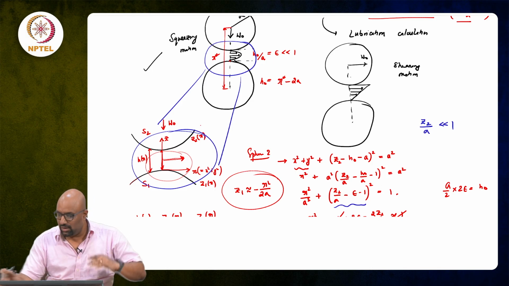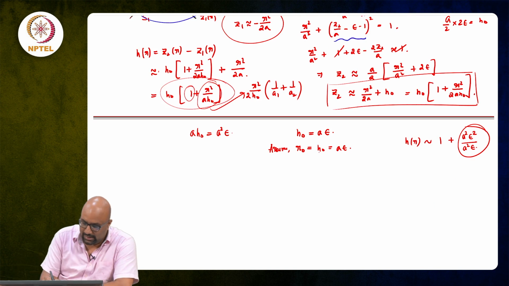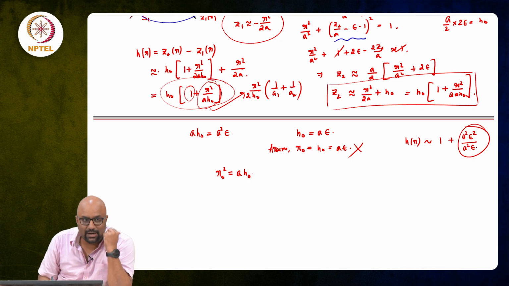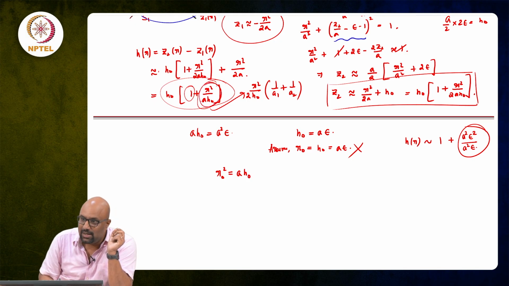So, if I want the curvature, the radial scale cannot be epsilon, but rather R naught square should be equal to A H naught. It is only then that this particular curvature term, see this is the curvature term, right. I want that curvature term in my problem after I scale it.